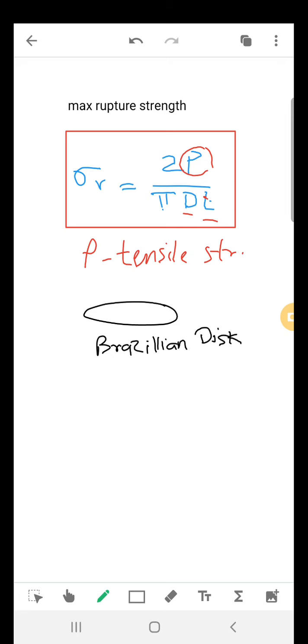And there is actually a coefficient k associated, and when we take this value as 1, we end up with this maximum rupture strength formula.